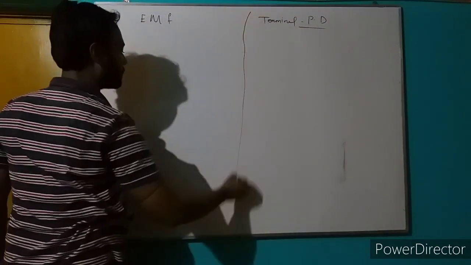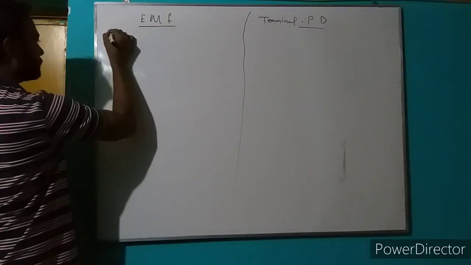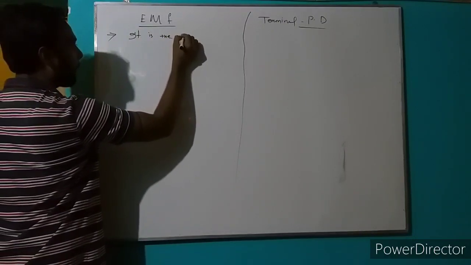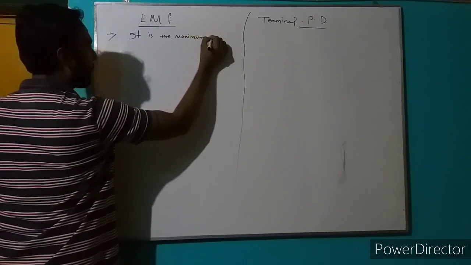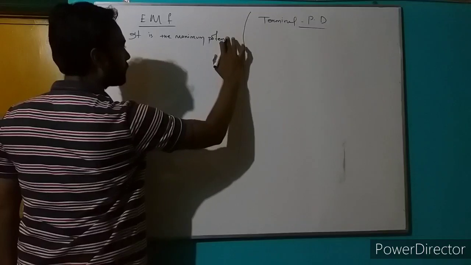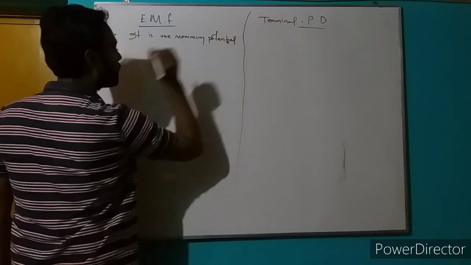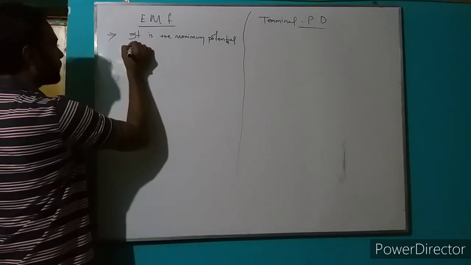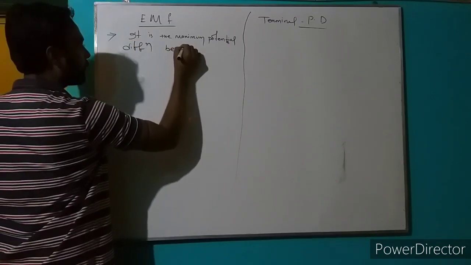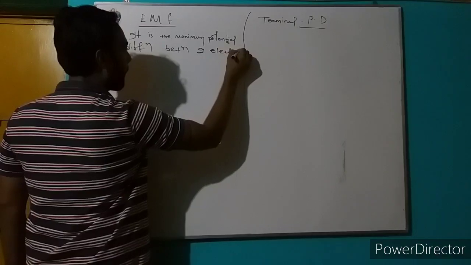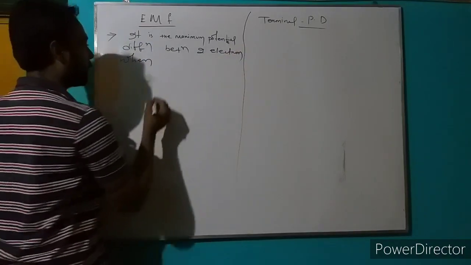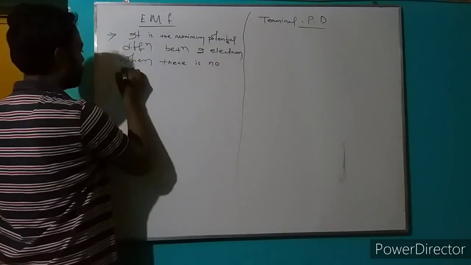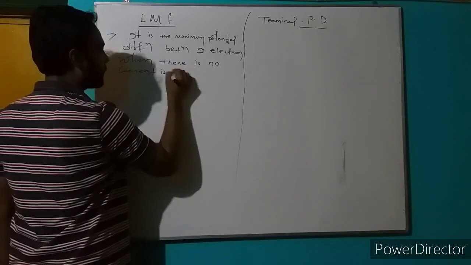So first one, EMF is the maximum potential difference between two electrodes when there is no current.